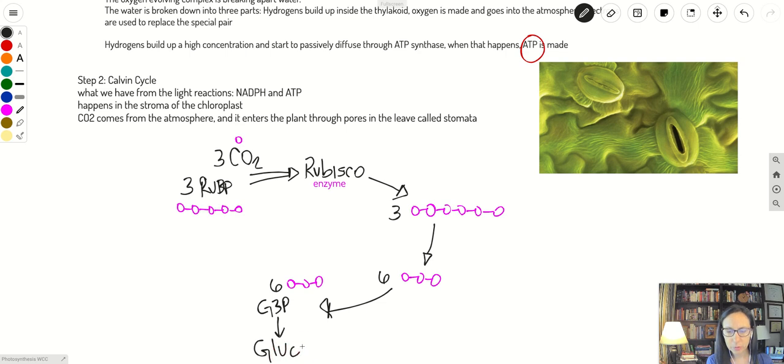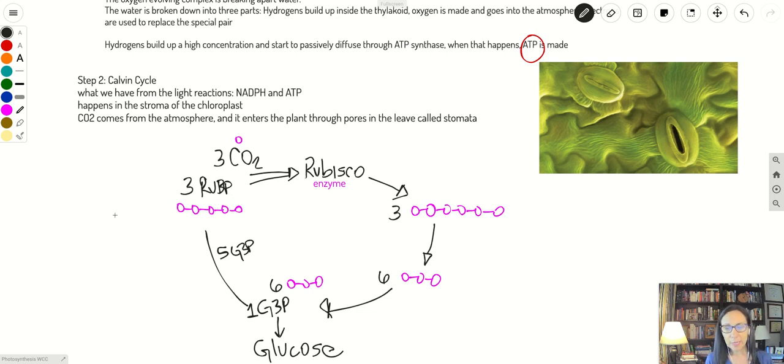And glucose is the whole point of photosynthesis. So only one of these G3Ps makes glucose, and then 5 of these G3Ps go on to make 3 RUBPs. So I'm going to put 5 G3Ps go here, and 1 G3P goes here. So 1 G3P goes to make glucose, 5 of them go on to make 3 RUBPs.